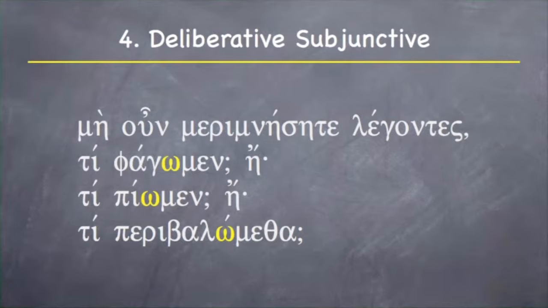Jesus says, therefore do not worry, saying, and then you have three questions, and you can notice that every one of them is in the subjunctive. Ti phagomen, what should we eat? Or ti piomen, what should we drink? Or ti peribalometha, what should we wear? Okay, so there you have the four basic uses of the subjunctive: the subjunctive with hina, with ean, and then the subjunctive used in exhortations and in deliberative questions.